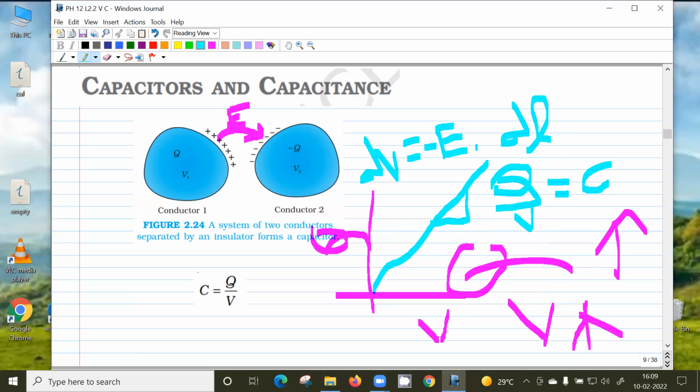There, if you increase the voltage, the current will increase, and the constant of proportionality is the resistance R. Here also, if you increase the voltage, the amount of charge will increase, or the other way around, if you increase the charge, the voltage will increase, and that constant of proportionality is the capacitance C.